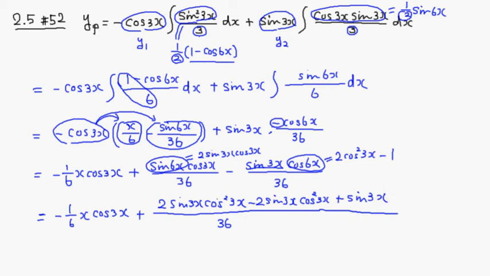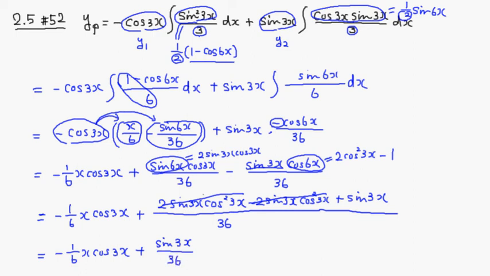Luckily we can cancel these out, and what's left is the very first term, negative 1 over 6 x cosine of 3x, and the leftover term is simply sine of 3x over 36.